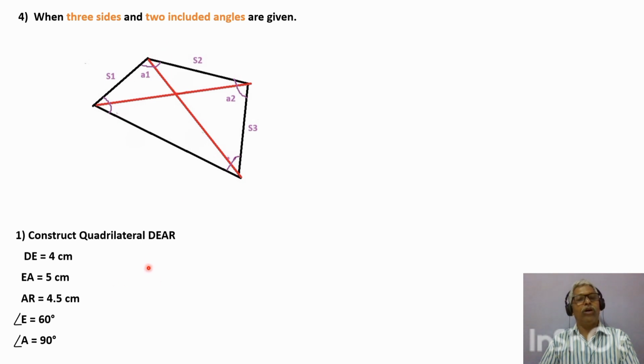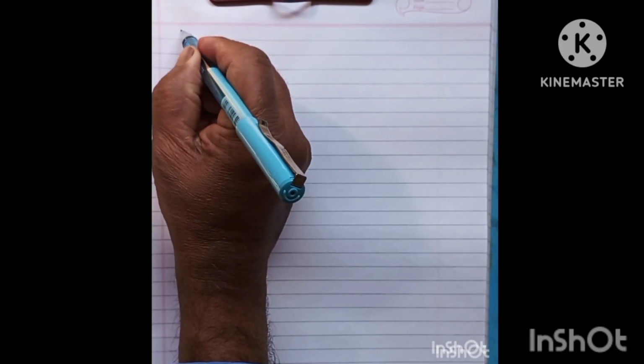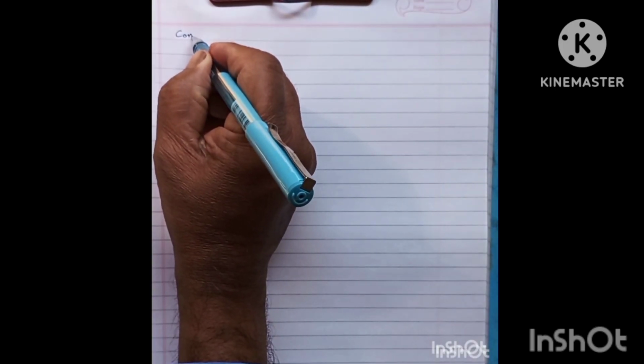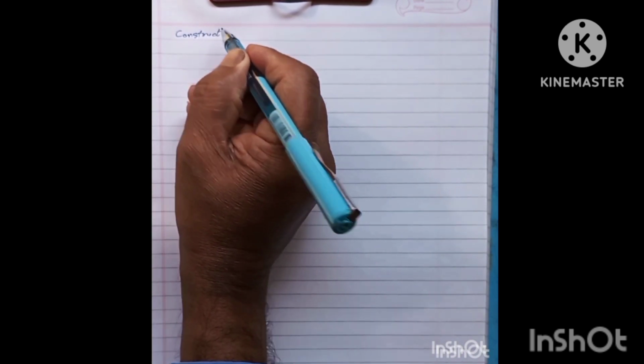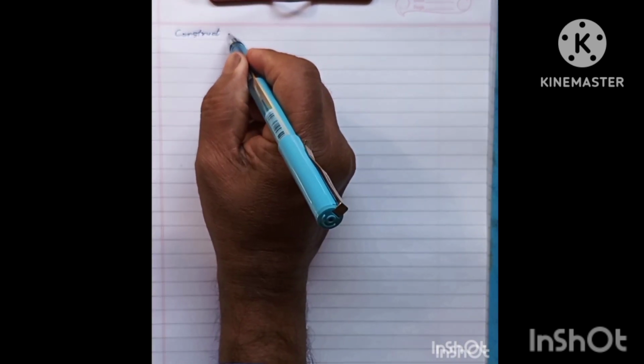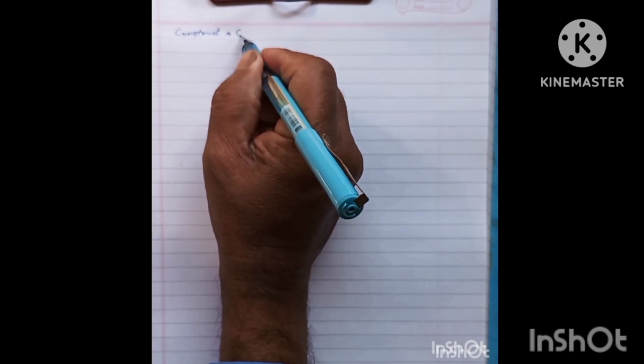Then we will draw a rough sketch and see how the data helps us in drawing the construction. So we move ahead. Construct a quadrilateral. Copy the data given on this answer sheet or in your notebook.